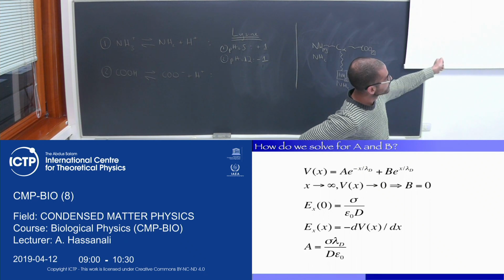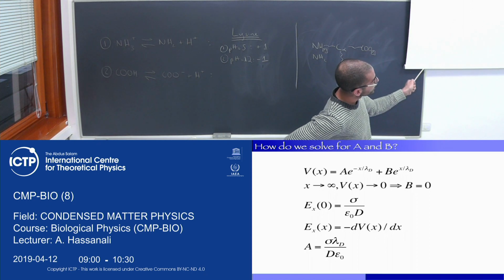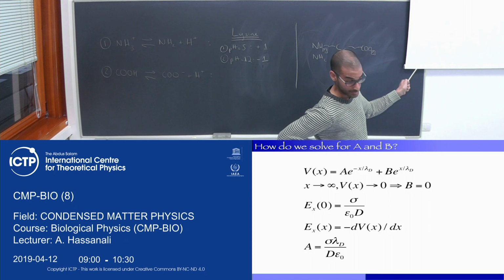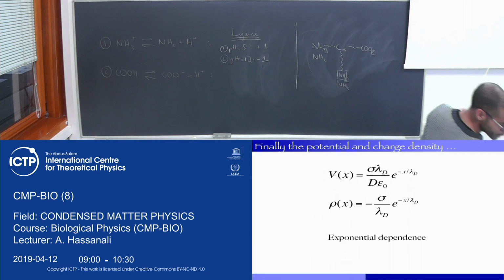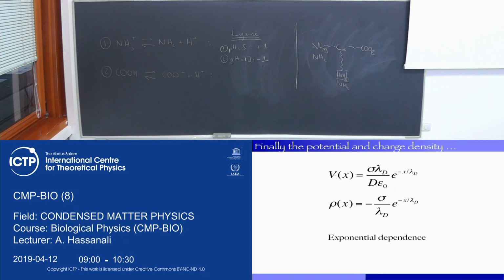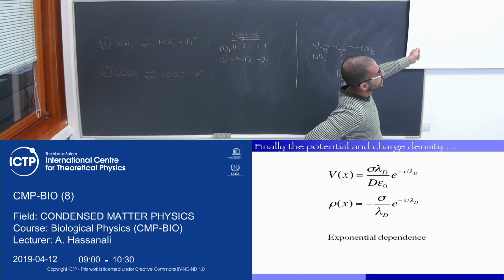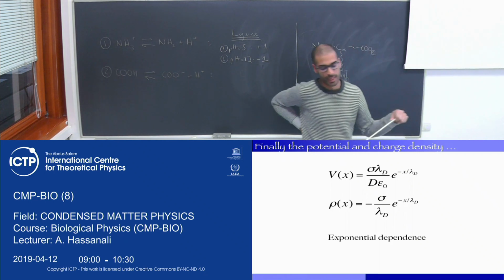This is the derivative of this. So I now have an expression for A in terms of the Debye screening length and the surface charge. Okay? So in the Debye-Huckel approximation, i.e. V of x less than kBT over e, the potential and the charge density both have this exponential dependence.